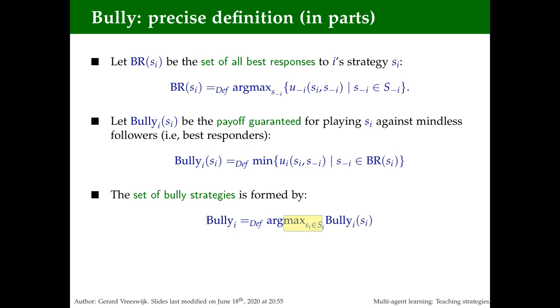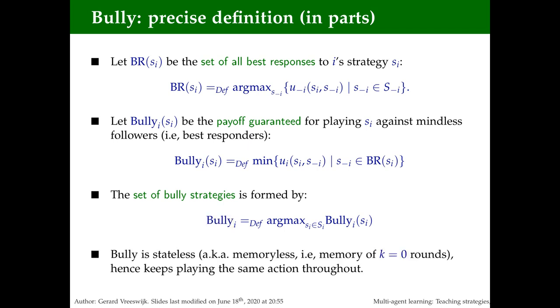In a way this looks a bit like a fixed point definition. Obviously bully is a stateless or memoryless learning rule. It doesn't need a course of history, because it keeps playing the same action throughout and doesn't change action.